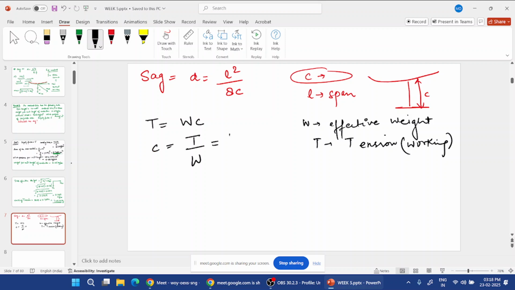What is T? 602.14 divided by W, which is 0.7529.